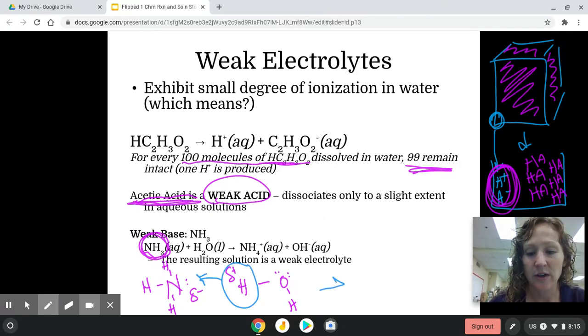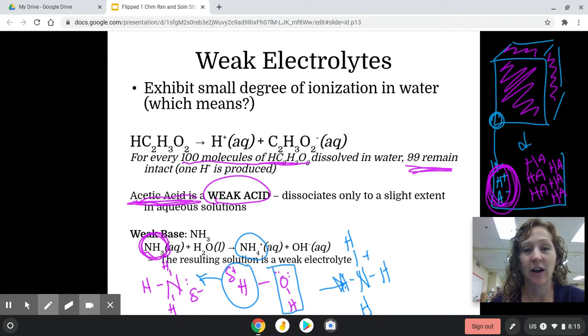And what that forms is ammonium, which is this molecule, NH4+. And look what's left over once that hydrogen is stolen off of water. You're left with a hydroxide.